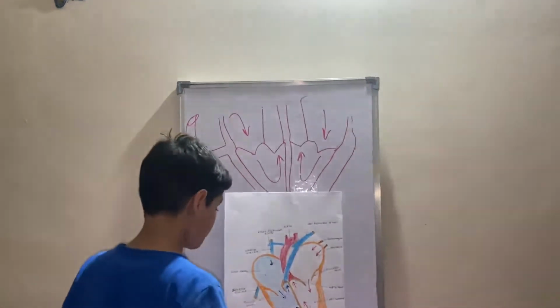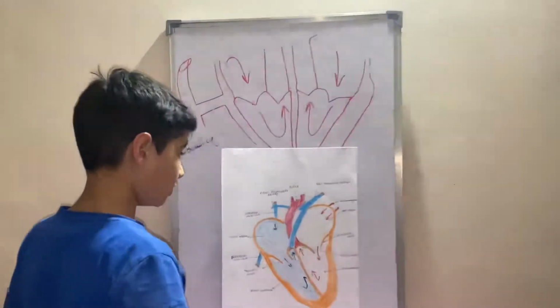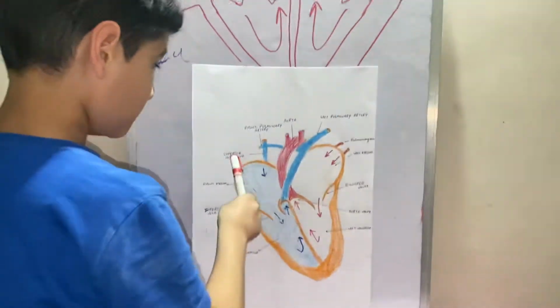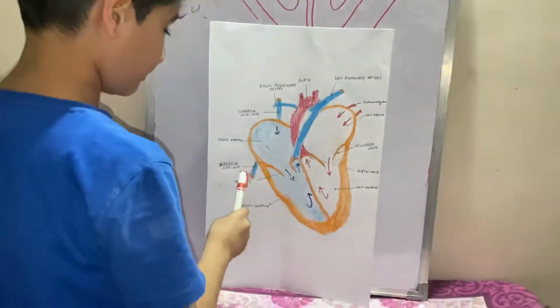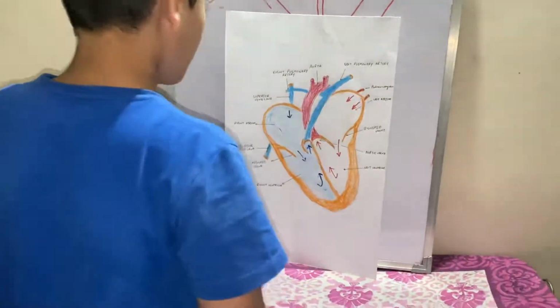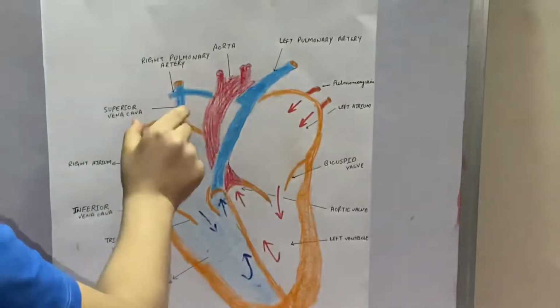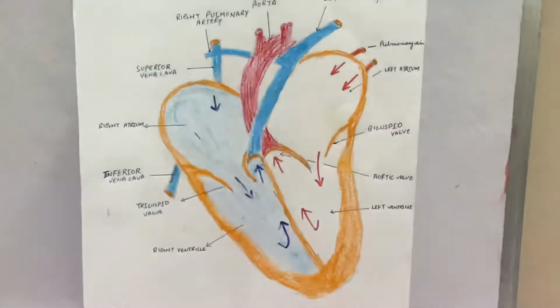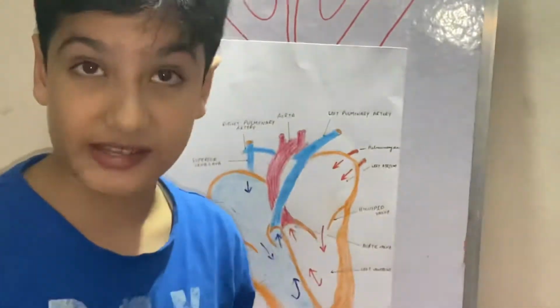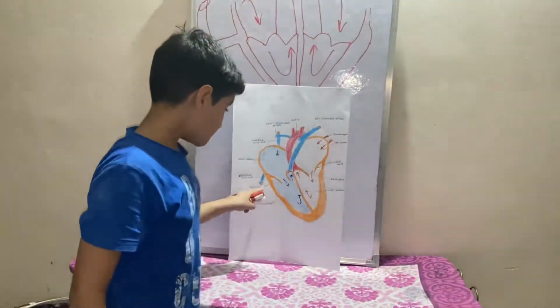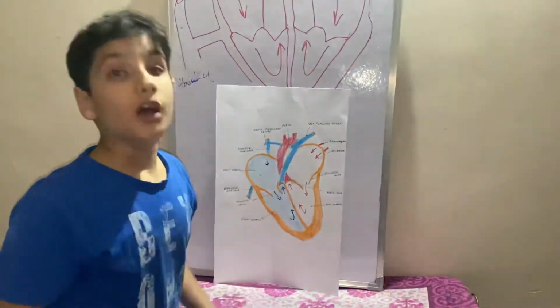So, let's revise what we have in the heart. We have the superior vena cava and the inferior vena cava, which collect blood. Then the right atrium. The deoxygenated blood from the legs, thighs, and the bottom half of the body is collected by the inferior vena cava.